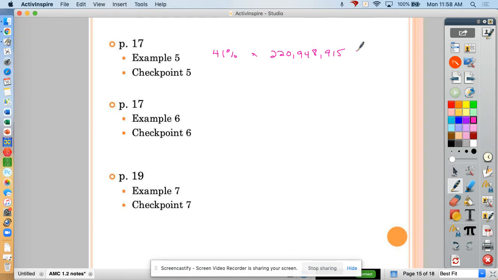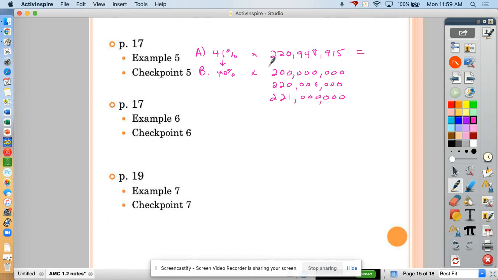So here is the A part, and we would just multiply those out, and we would come up with 41%. On the B part, we're going to do an estimate. So we're going to change this to 40%. And we're going to change this to 200 million or 220 million or even 221 million.